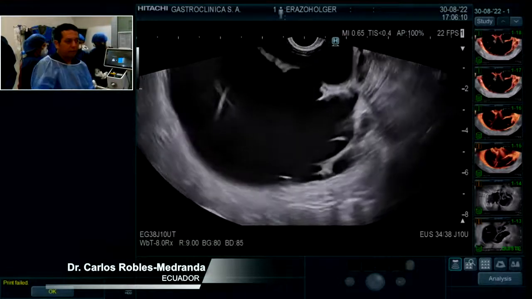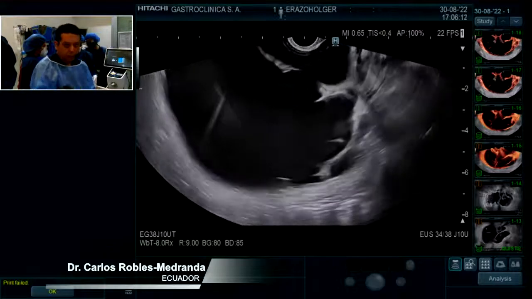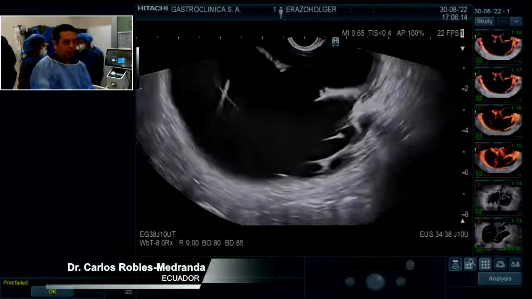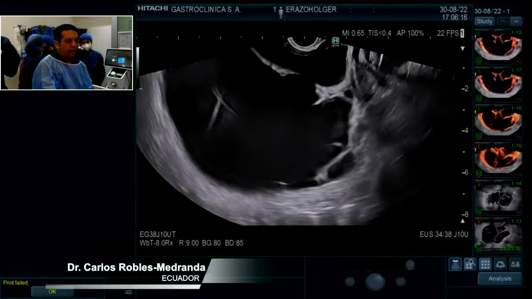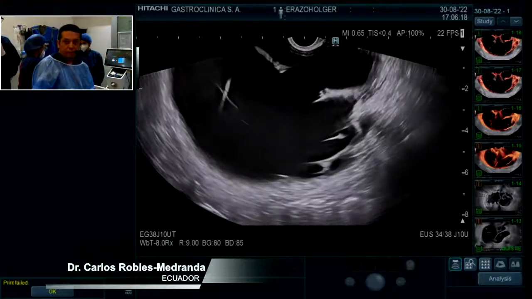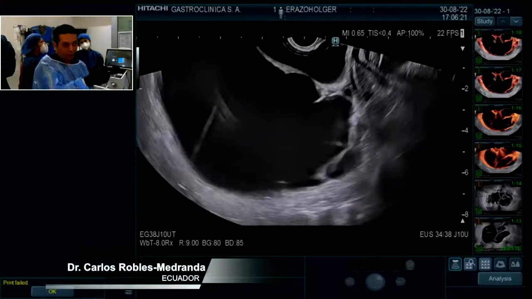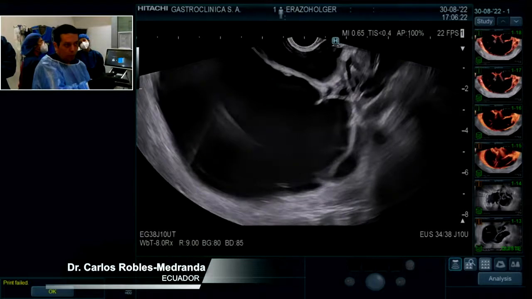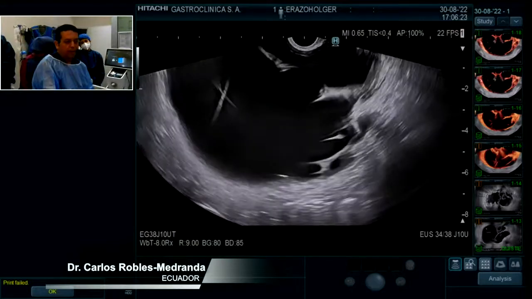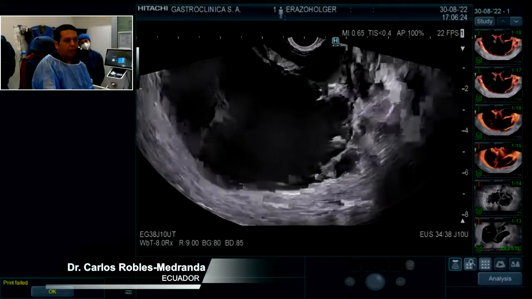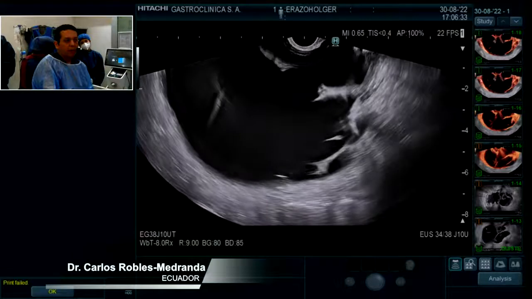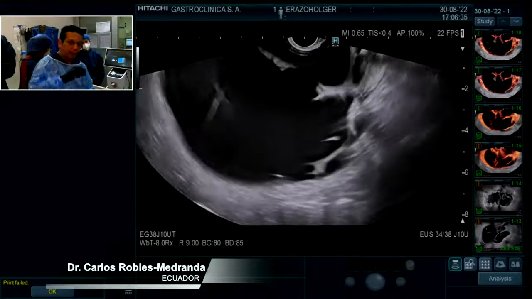But we also have contrast enhancement that we can use to evaluate the wall. You need to remember that the cystic lesion normally has hypercaptation because there is a lot of vascularization on the cystic wall, so you can use that.